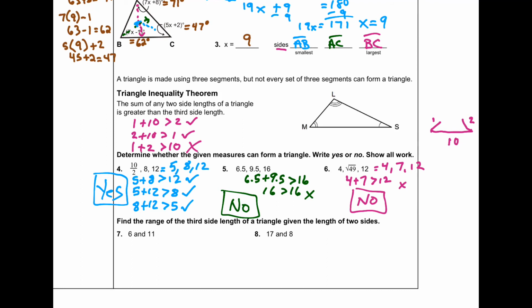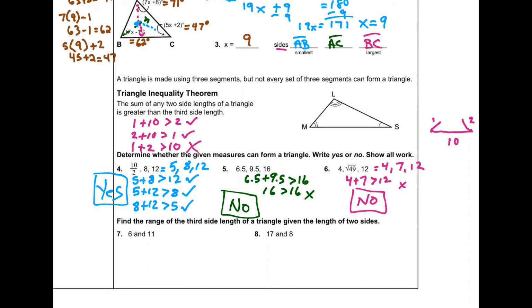In order to do this, we want to find the possibilities for those two side lengths making a triangle. I kind of have two possibilities here. What if the side we're looking for is bigger than 6 and 11, and what if it's the smaller side?